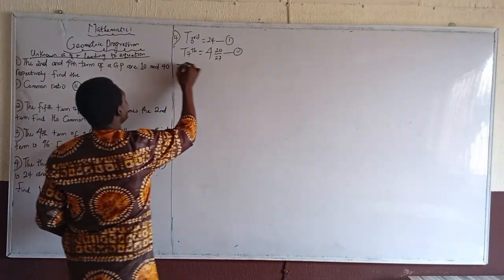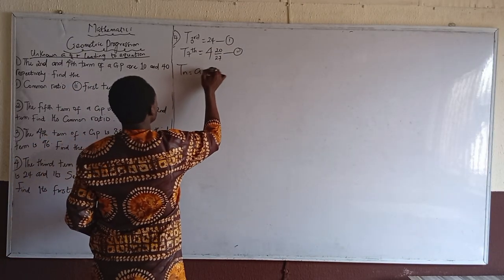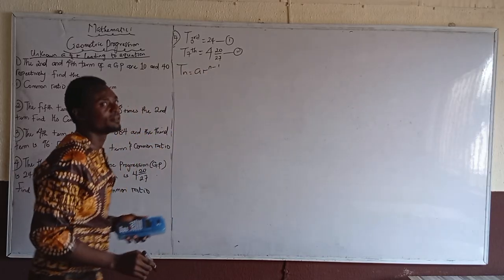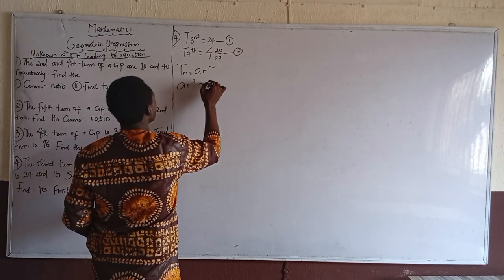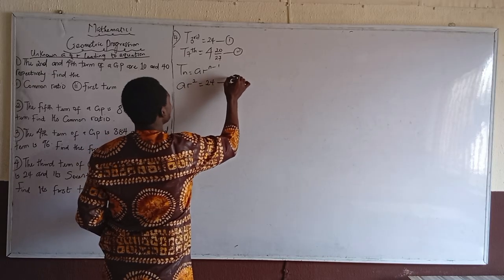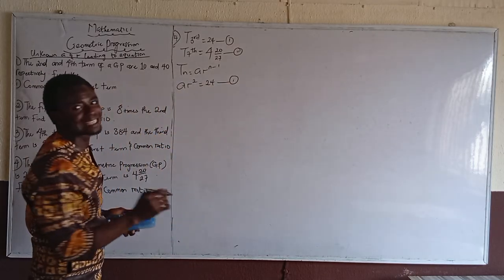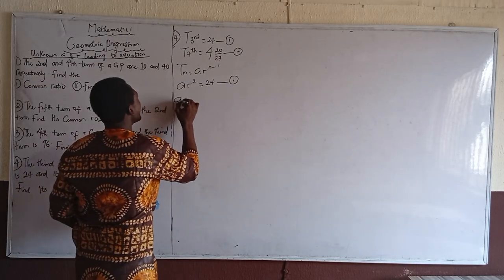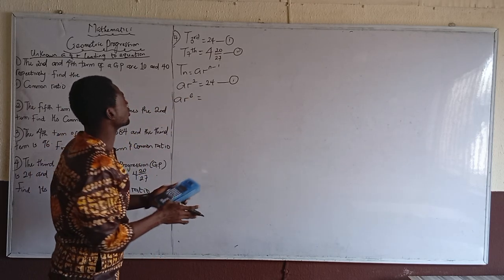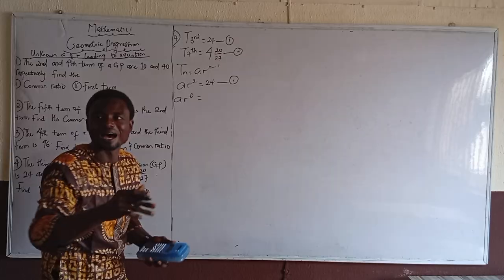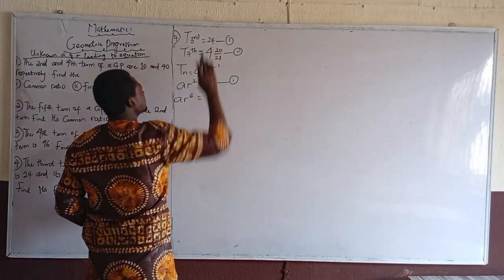My formula is Tn equals AR^(n-1). For T3, that is AR^2 equals 24, equation 1. For T7, that will be AR^6, because it is n minus 1. So I will convert to an improper fraction, but this is a mixed fraction.